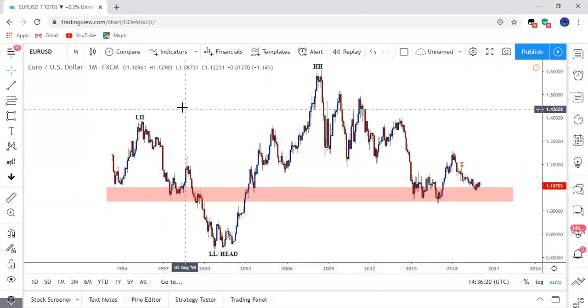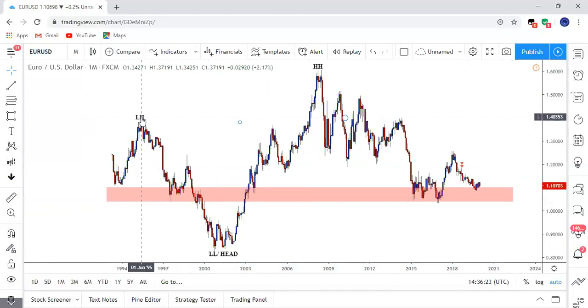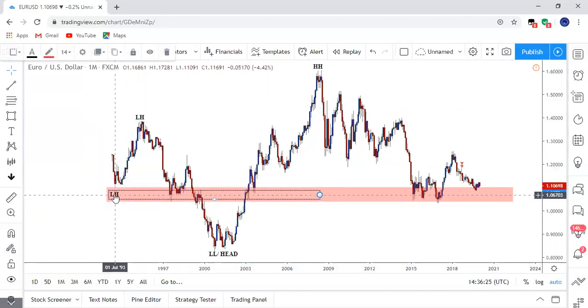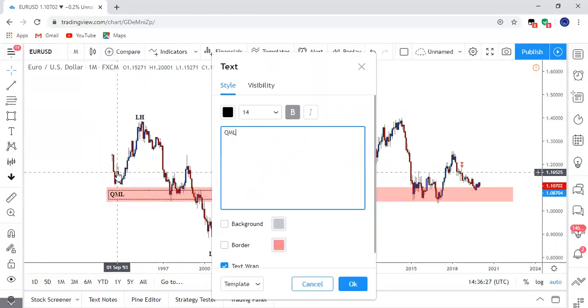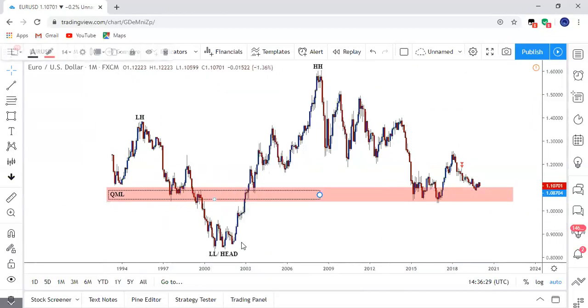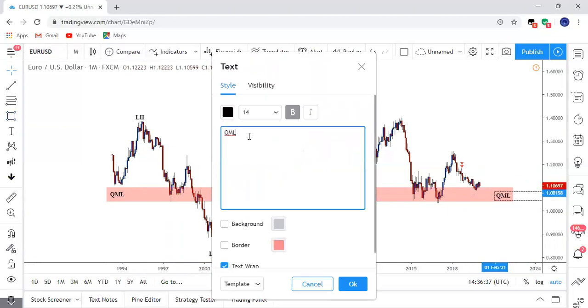And this is what we call the Quasimodo level or the Quasimodo zone, the QML. This is where you place your buy entry, a buy limit.